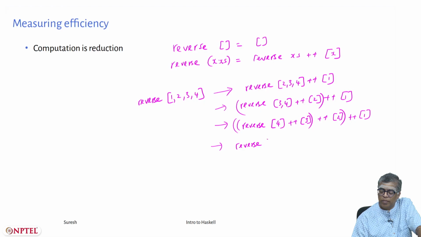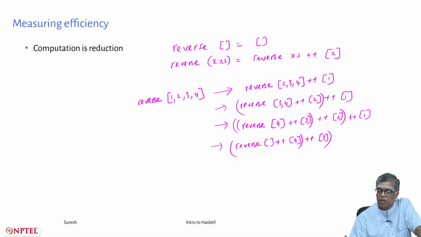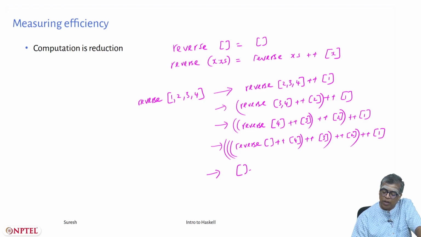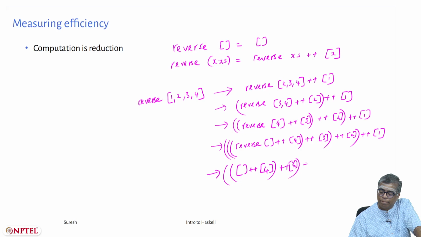Reverse of 4 is reverse of empty list plus singleton 4. Reverse of empty list is empty list. So, now you will get empty list plus 4 plus 3 plus 2 plus the singleton list 1, which will eventually go to 4, 3, 2, 1.